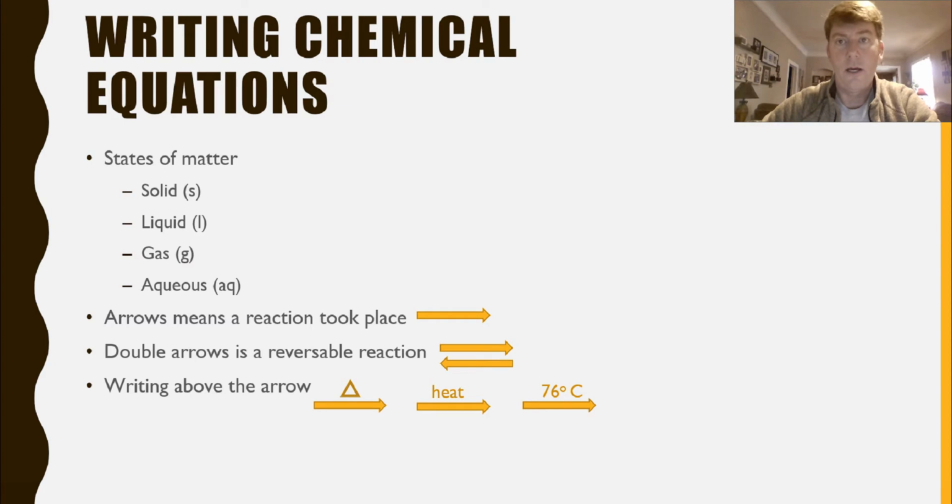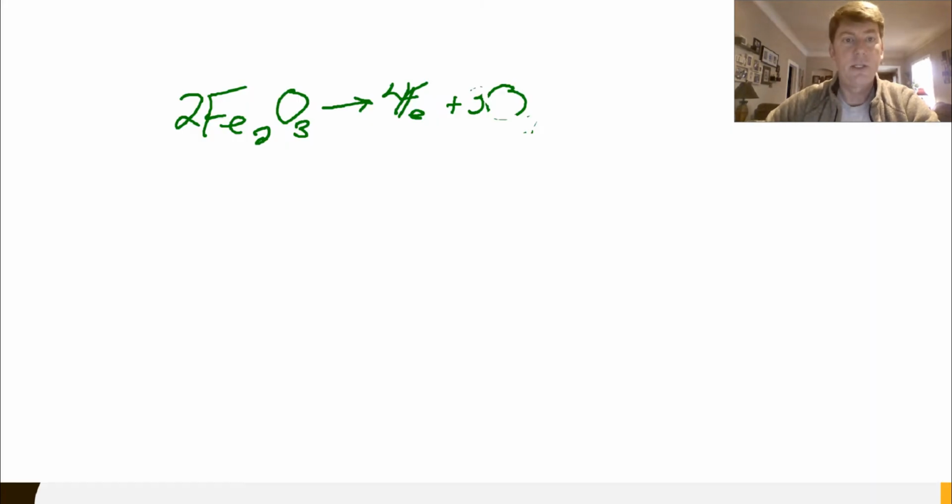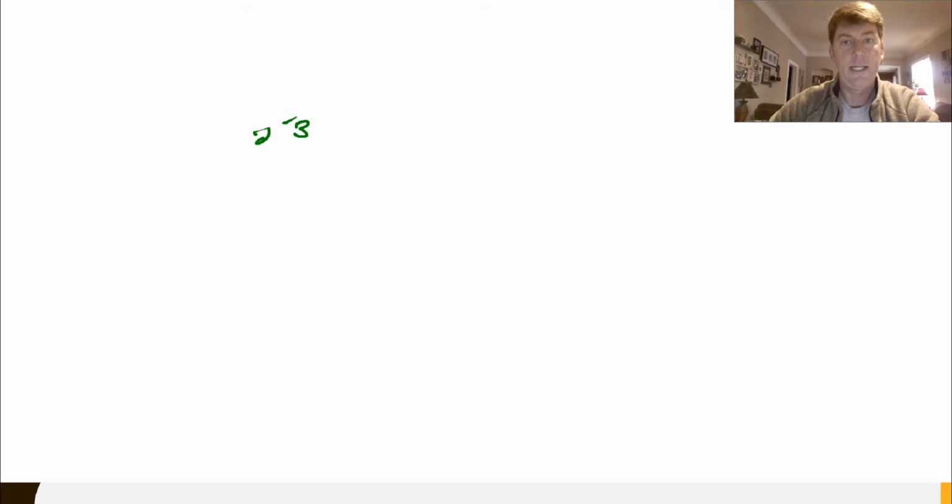With some examples of this, as we were writing out these chemical reactions, let's do an example of H2O. So if we have H2O and it's a liquid, I'm going to use my little cursive l with parentheses around it.